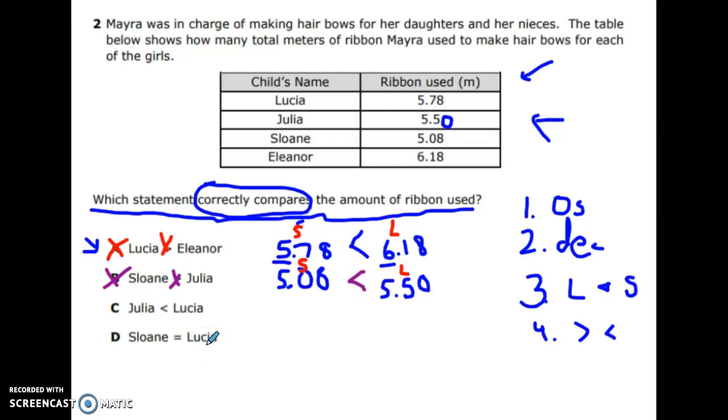Then when I look at choice C, Julia was 5 and 50/100ths, and Lucia is 5 and 78/100ths. Going back to my large and small Jerome strategy, 78 is greater than 5.